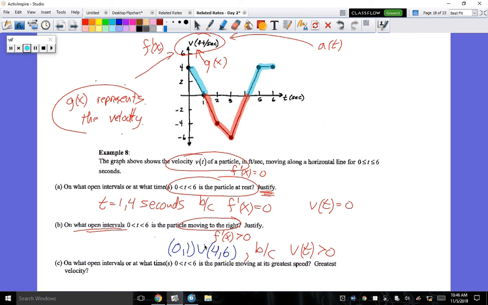On what open interval from 0 to 6 is the particle moving at its greatest speed and at its greatest velocity? We're going to defer to John right now. John, the greatest speed on this would be where? At 3? And why do you say that? Because it's got the greatest absolute value, the greatest magnitude.